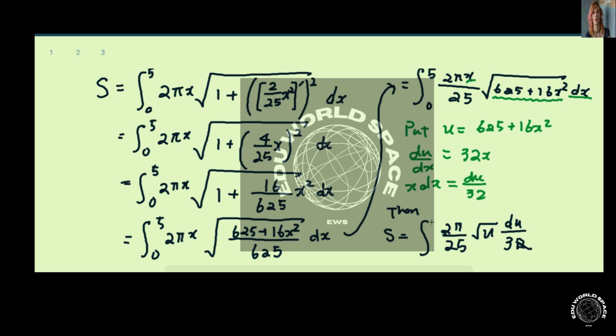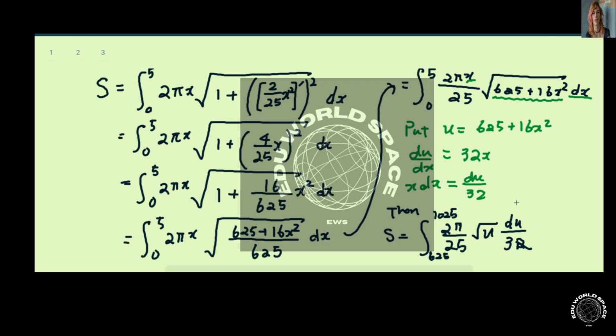But let's worry about the bounds now. So when we have this equation in terms of x, I got 0 and 5. So when x equals 0, based on this substitution, if I plug 0 into x, I get 625. So this here should be 625 because now this whole thing is in terms of u. Now when x equals 5, you just plug 5 into here, right? I get u equals 1025.